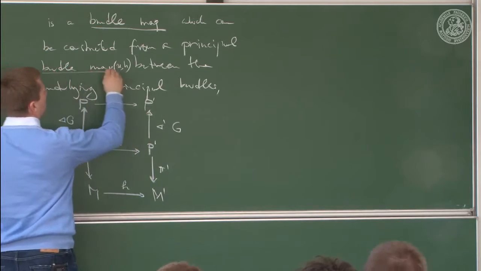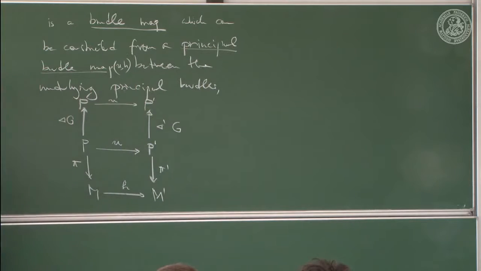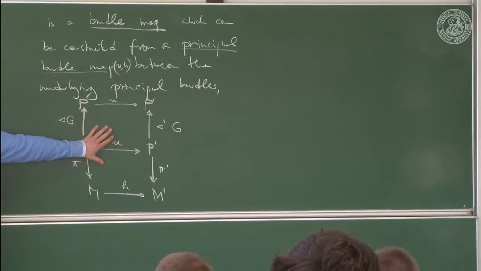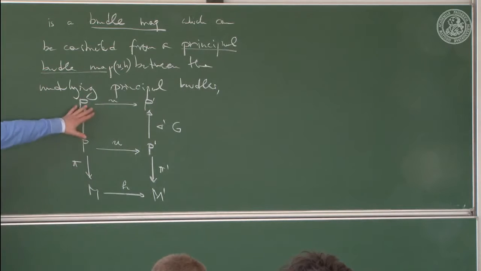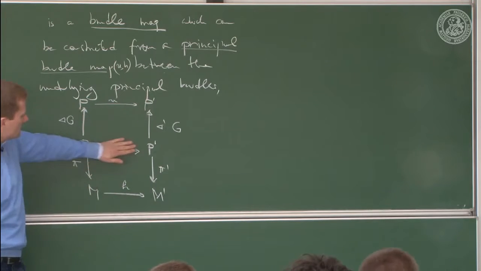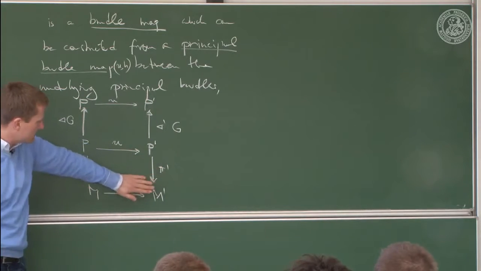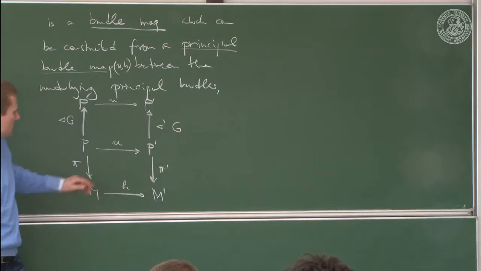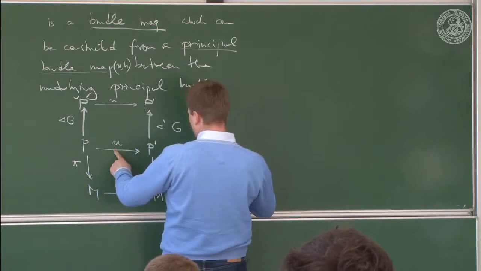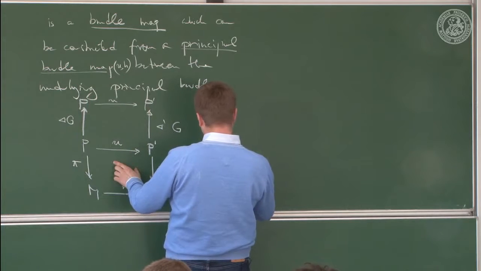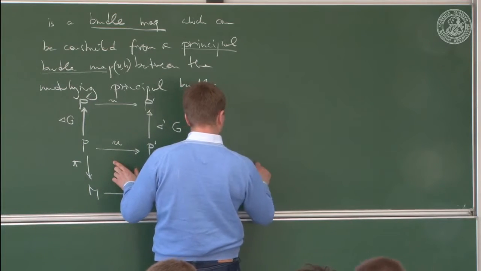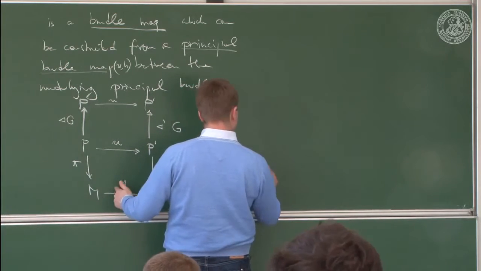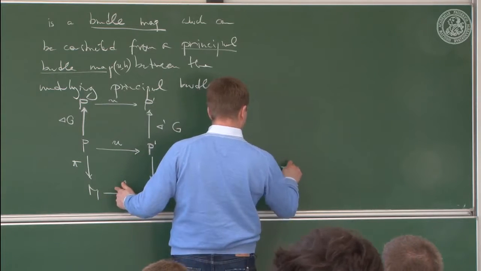And let's recall quickly what a principal bundle map was. A principal bundle map is a bundle map. That means it requires this part of the diagram to commute. That means from here we get pi prime after U is H after pi.